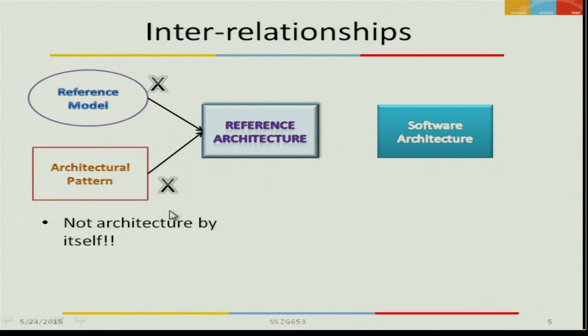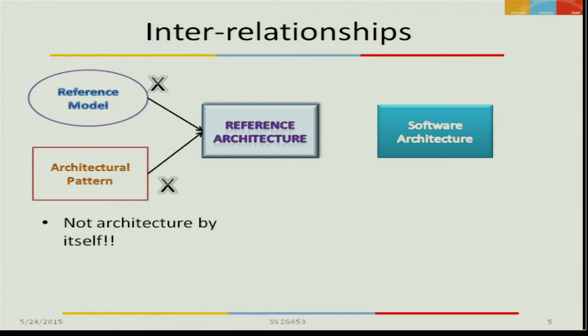But these are truly not software architecture because it is not specific to a particular problem statement. It is just an example to highlight certain aspects of it. Like a mobile commerce platform is really not a software architecture. It's just a reference architecture.